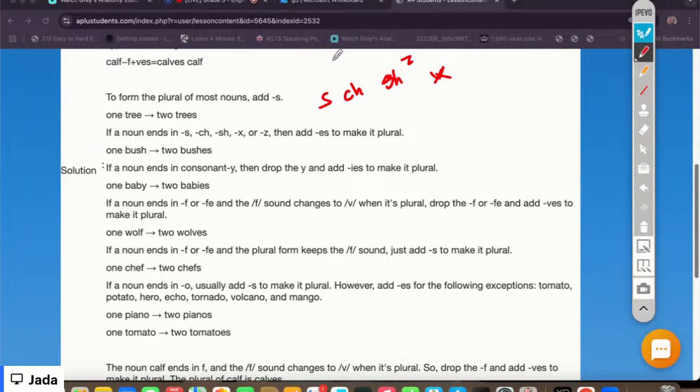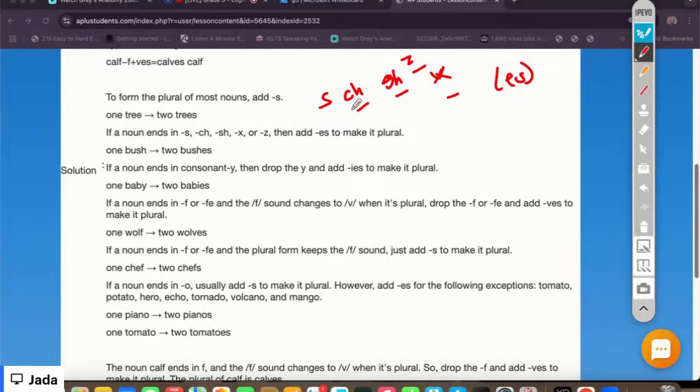All right, so if a noun ends in s, ch, sh, z, or x, you will have to add es to those nouns, okay?